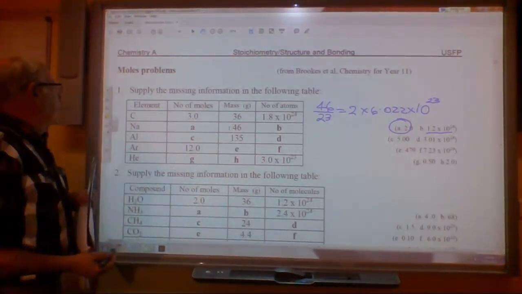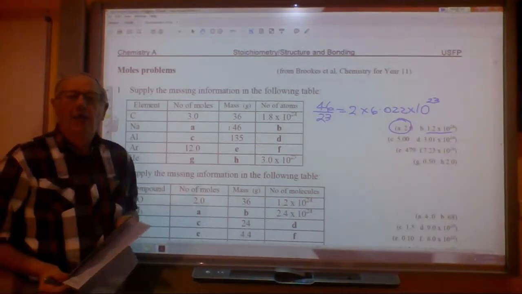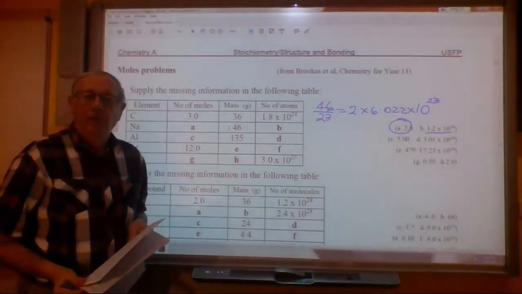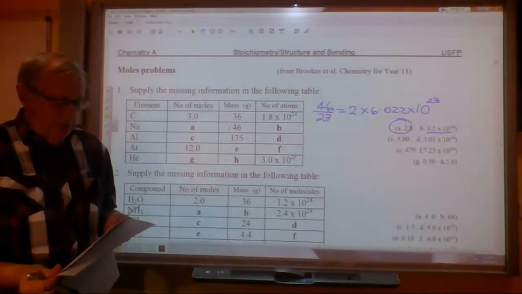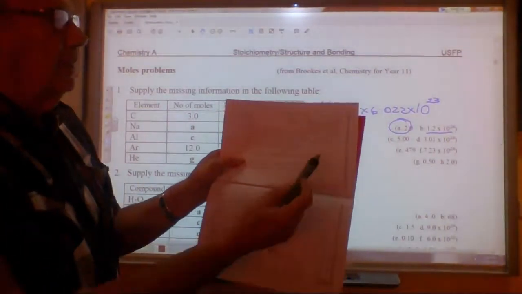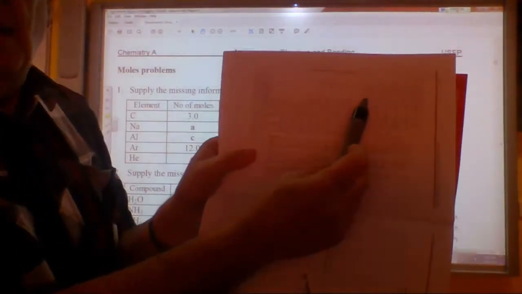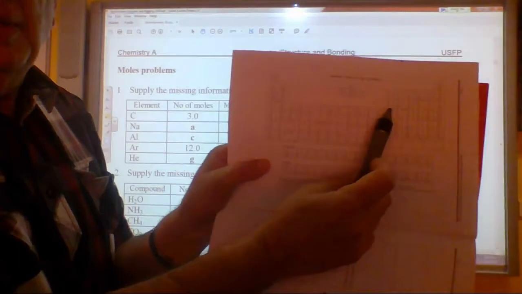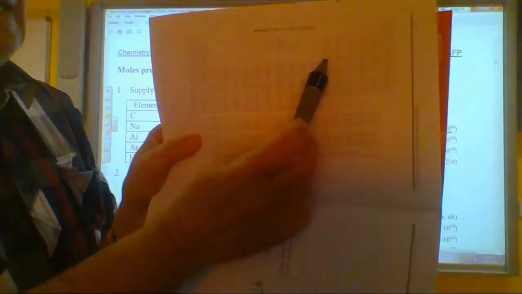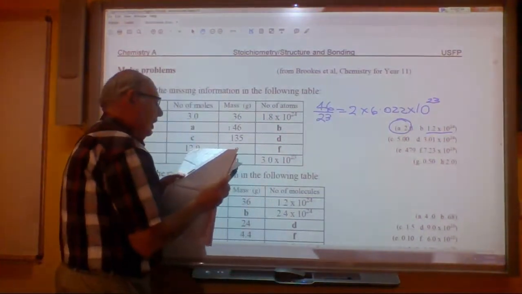For the next one, this one here, Al, is aluminium. If we want to find out where aluminium is or what its molar mass is, again, we'd have to have a look at our periodic table. And here it is round about there. You might have to look at your own periodic table to see that it is 26.98.